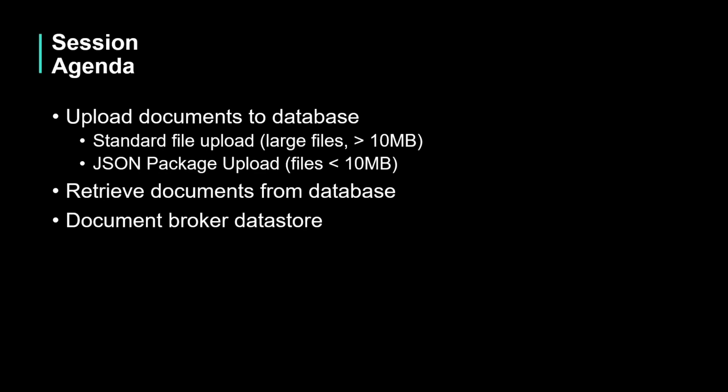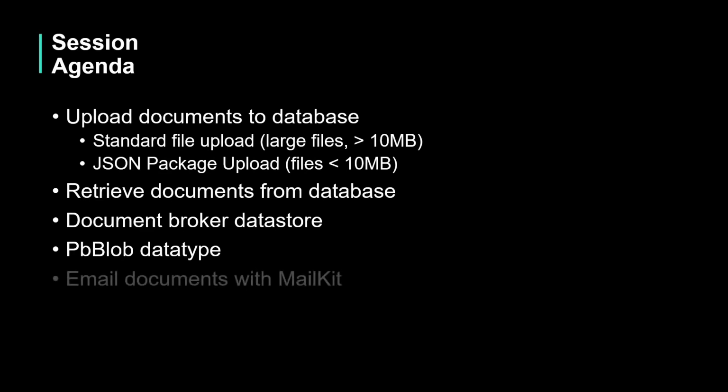It's an external data window that I can use to populate with data and send back and forth across the wire. I mentioned the PB blob data type. This is something fairly new to SnapDevelop, and it's kind of a slick way to create a document that you pull out of the database and send it back to the client.